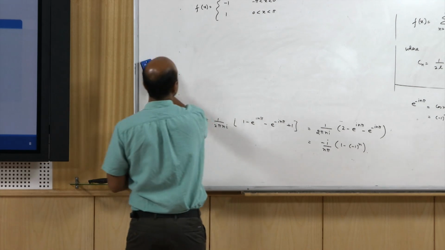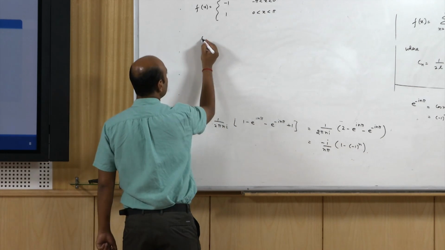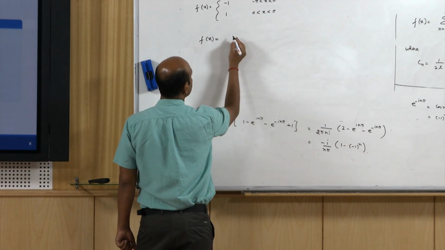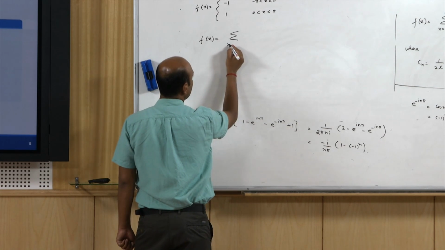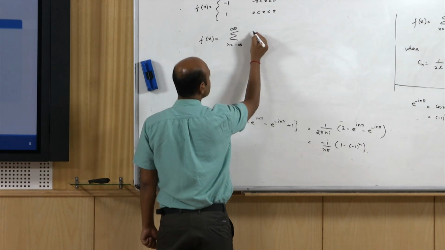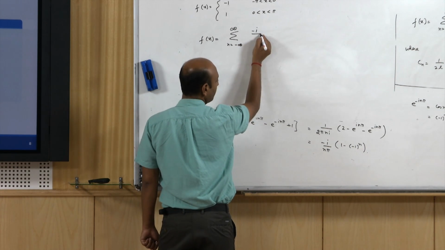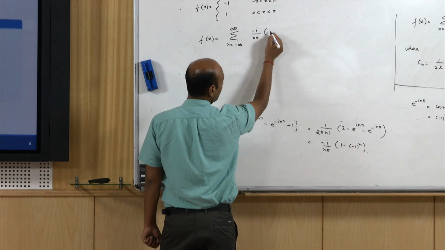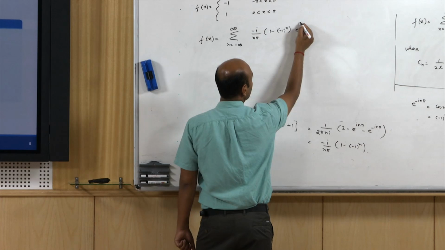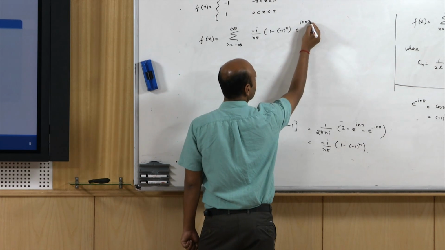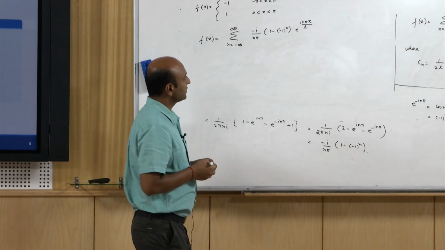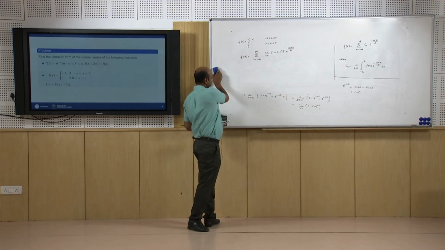For this function, the complex form is given by f(x) equal to the summation n from minus infinity to plus infinity of Cn, where Cn is minus iota upon n pi, 1 minus 1 to the power n, into e to the power iota n pi x upon L. So, this will be the complex form of this Fourier series.